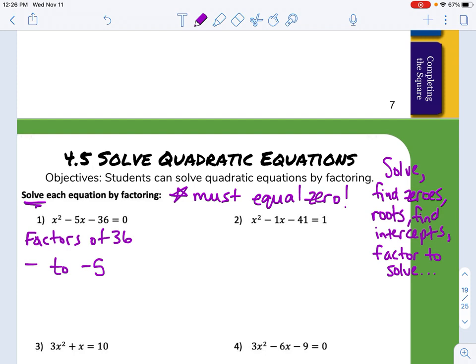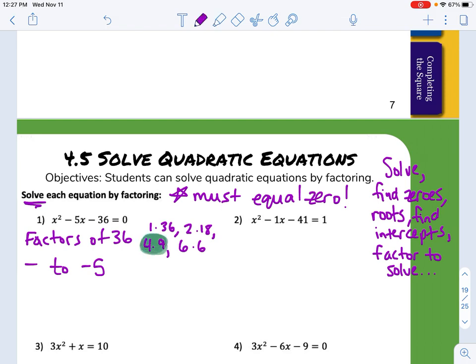So the factors of 36, there are a bunch of them. 1 and 36, 2 and 18, 4 and 9, and 6 and 6. If we notice, only one of these pairs, 4 and 9, can subtract to -5.